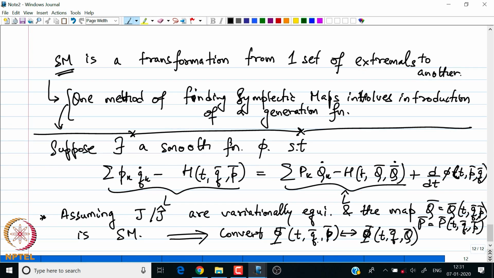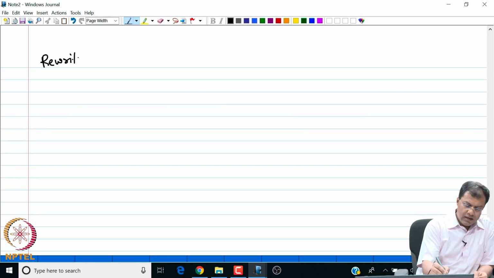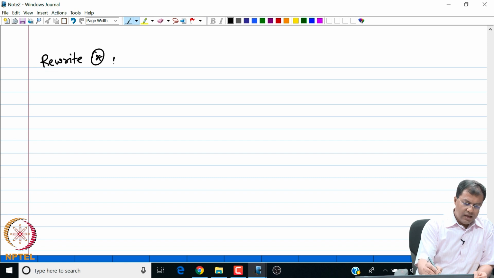We have just replaced one conjugate variable p with capital Q. Let me call this equation star. So we rewrite our equation star in the new coordinate frame.